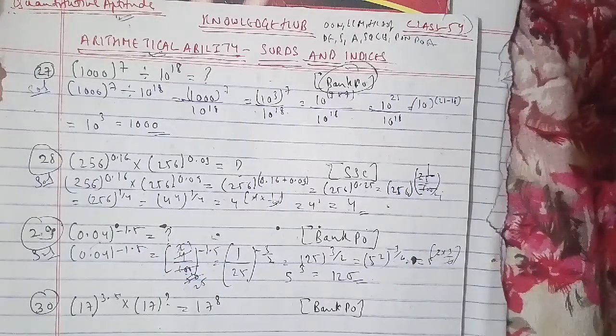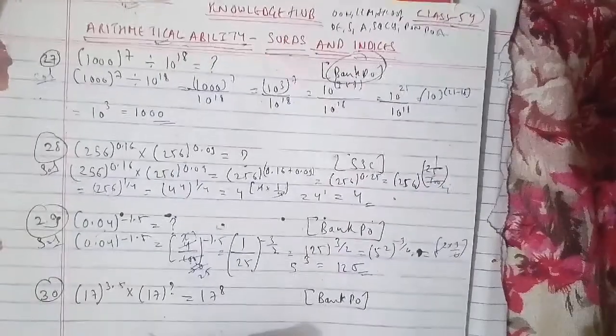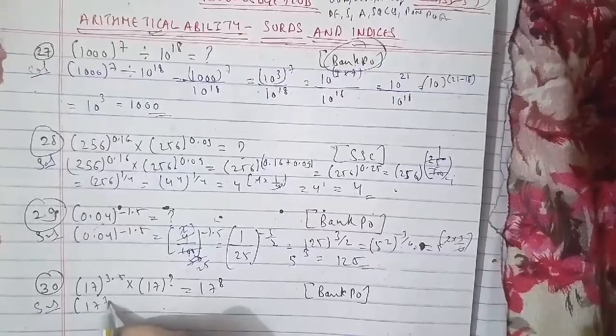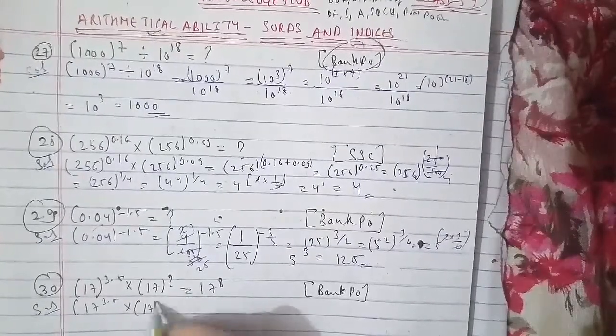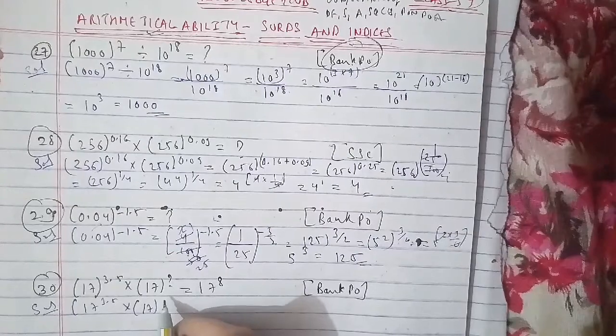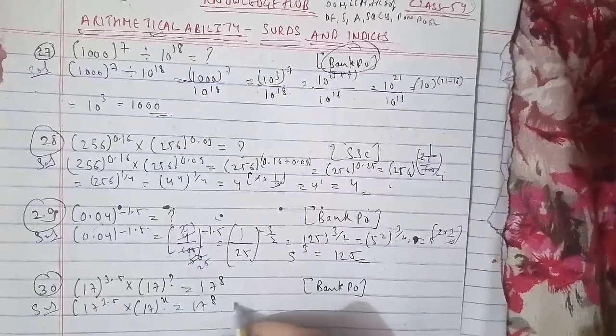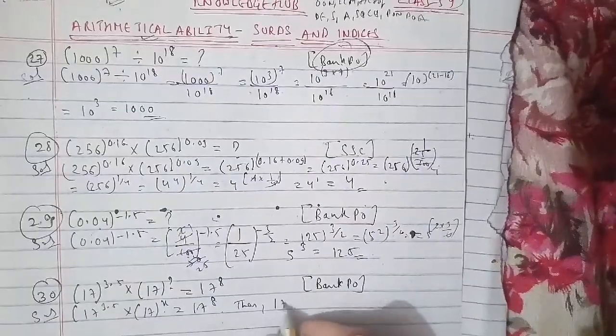So we have 17 power 3.5 into 17 power question mark, we'll let that be x here, equals 17 power 8. Then 17 power 3.5 plus x, because both have the same base, equals 17 power 8. 3.5 plus x is equal to 8.